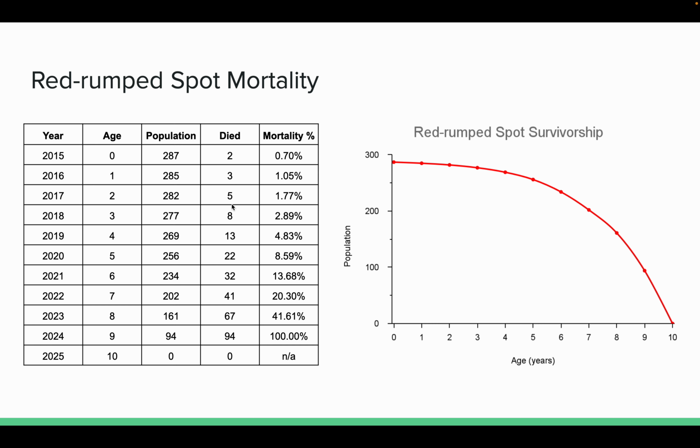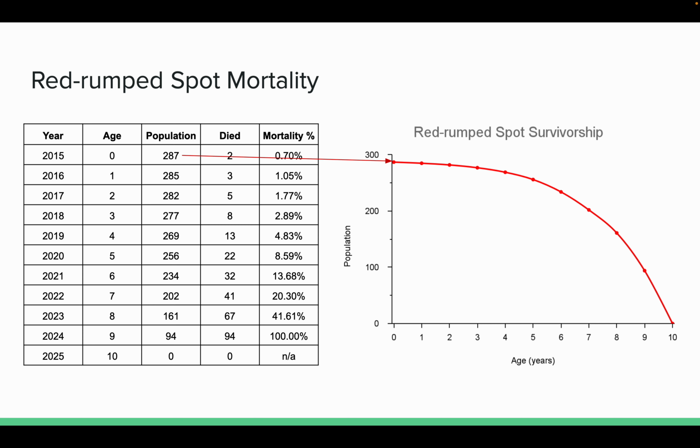Only 2, 3, 5, 8, but you can see that it is increasing slowly, and this is what is creating this curve that we have going on here. And over that maximum lifespan of 10 years, once we get to 10 years, all of the individuals are dead. Population size of 0 at 10 years of age.